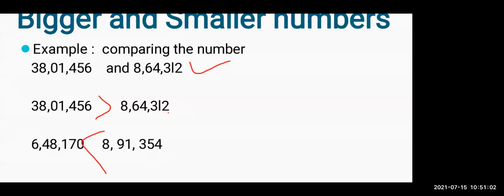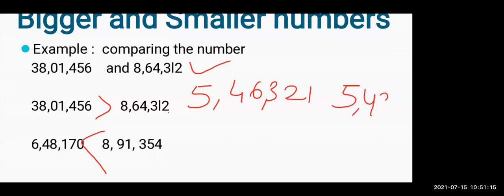Now next, I am going to write one question. Just tell me, 5,46,321, 5,43,312. Chalo, now compare and tell me which number is bigger. 5,46,321 or 5,43,312. 5 तो दोनों में same है. Then what do we have to see?